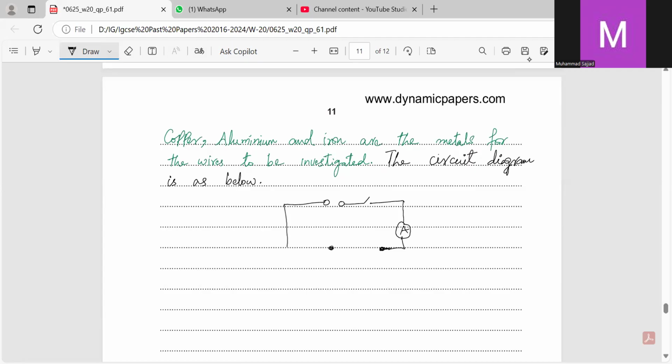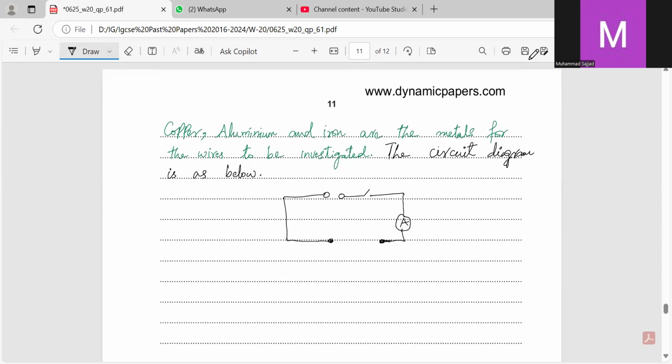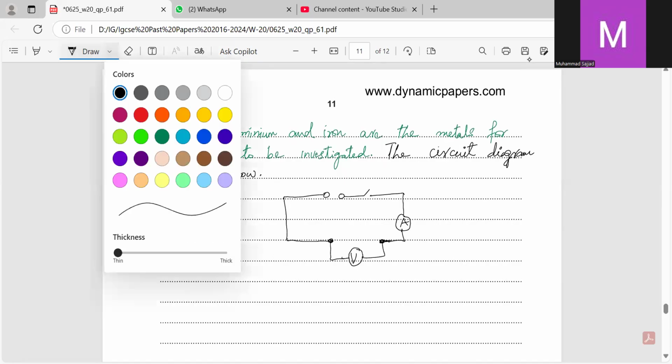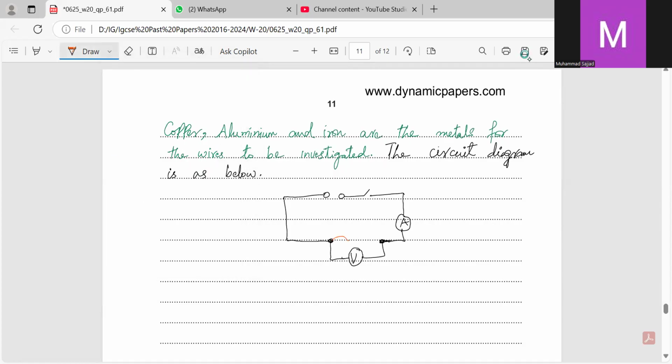And then, my dear friends, here you can show a voltmeter, and the voltmeter is always across the component. In the beginning, we can show here a wire. Let there be a copper wire. So show this one, and now label this whole circuit diagram. Better to label it.